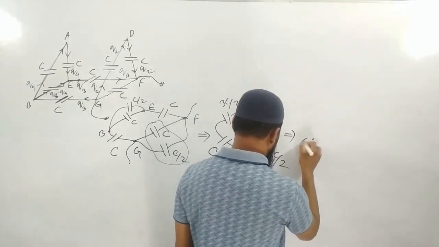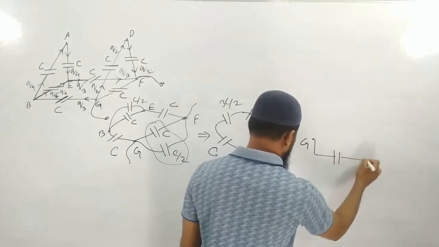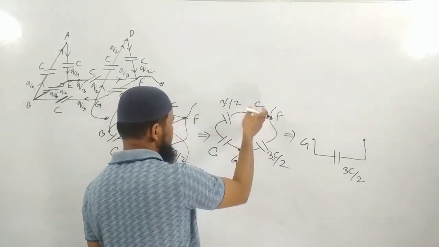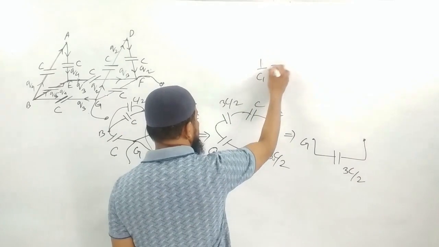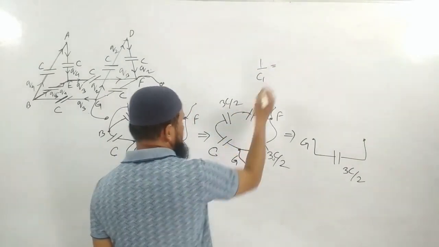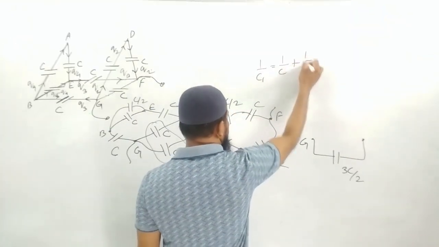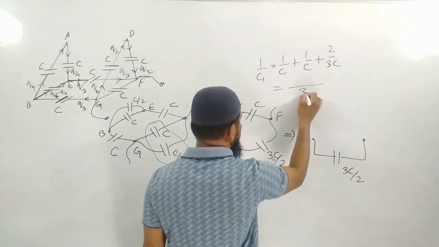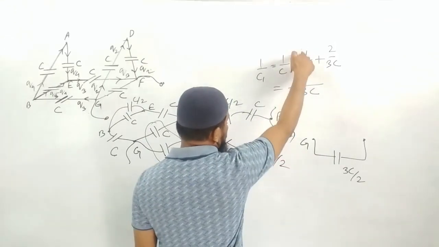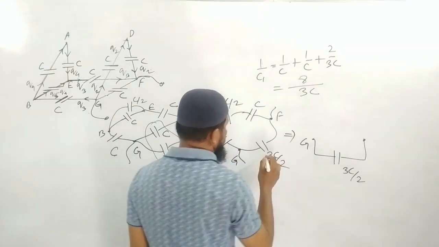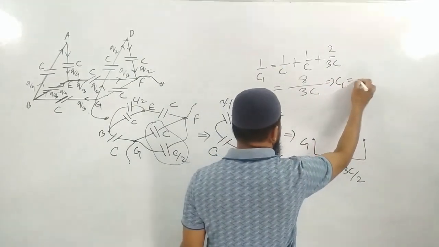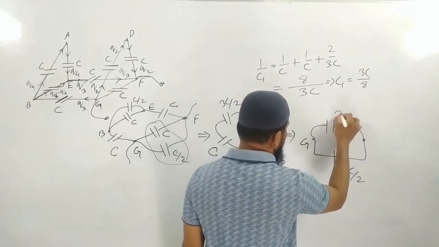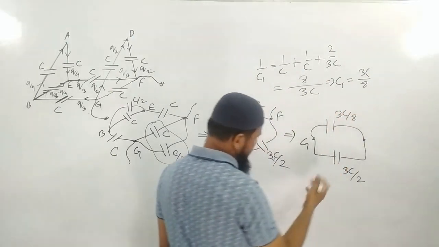Below, between Z and F, 3C by 2, and above, how much will we get in series? Let me call the equivalent C1, then 1 by C1 is equal to 1 by C plus 1 by C plus 2 by 3C. If you take 3C LCM, 3 plus 3, 6 plus 2, 8. So C1 is equal to 3C by 8. So on this side, 3C by 8 is coming.